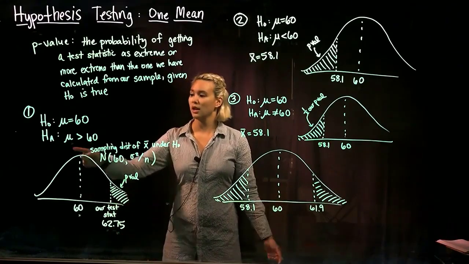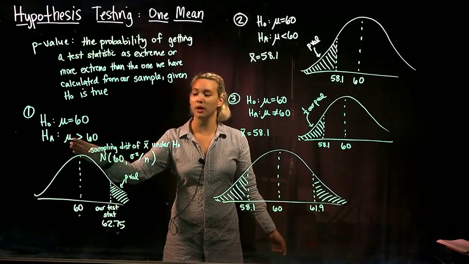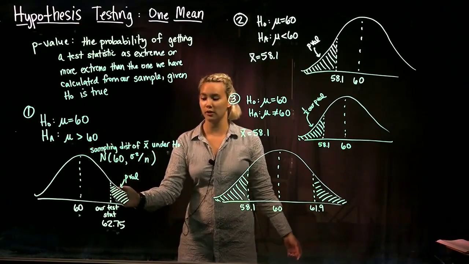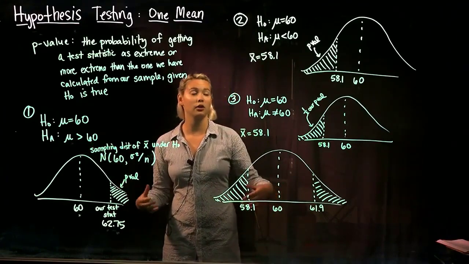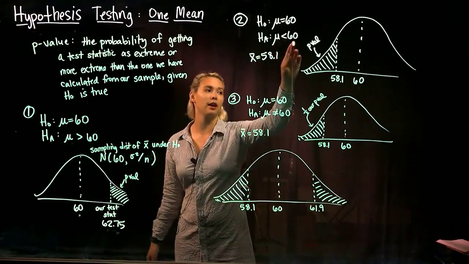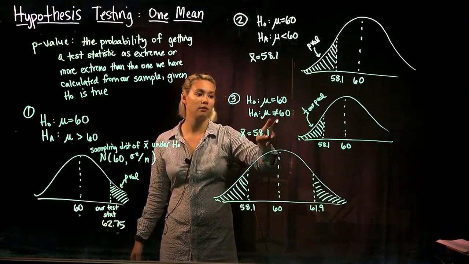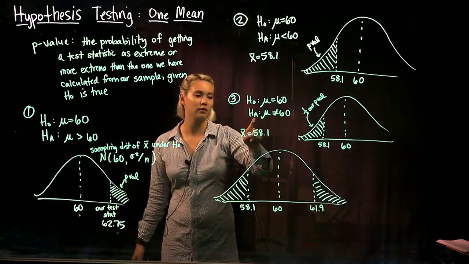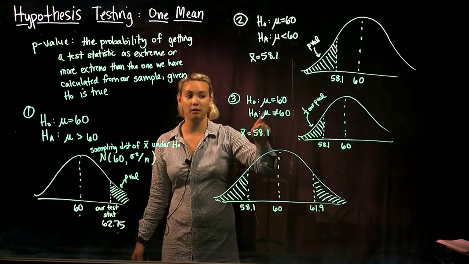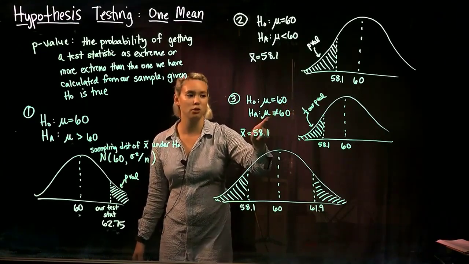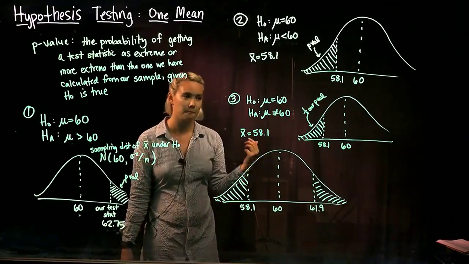Okay, so if our alternative is parameter is greater than some value, shade the area to the right. If the alternative is parameter is less than some value, shade the area to the left. How about if we have what's called a two-sided alternative, meaning in this example we'd have mu is not equal to 60?